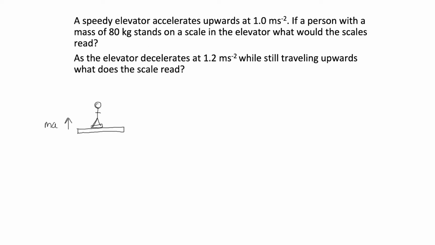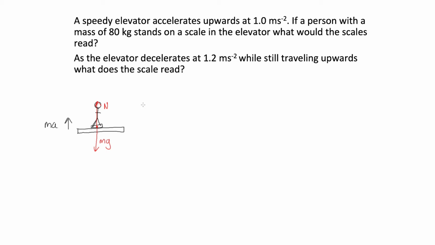Okay, so like always, we'll draw a free body diagram. So acting on the scales, we've got the weight of the man going down, which is mg, and then the scales are applying the normal reaction force on the man, N, and the resultant is that the scales and the man accelerate upwards with a force ma.